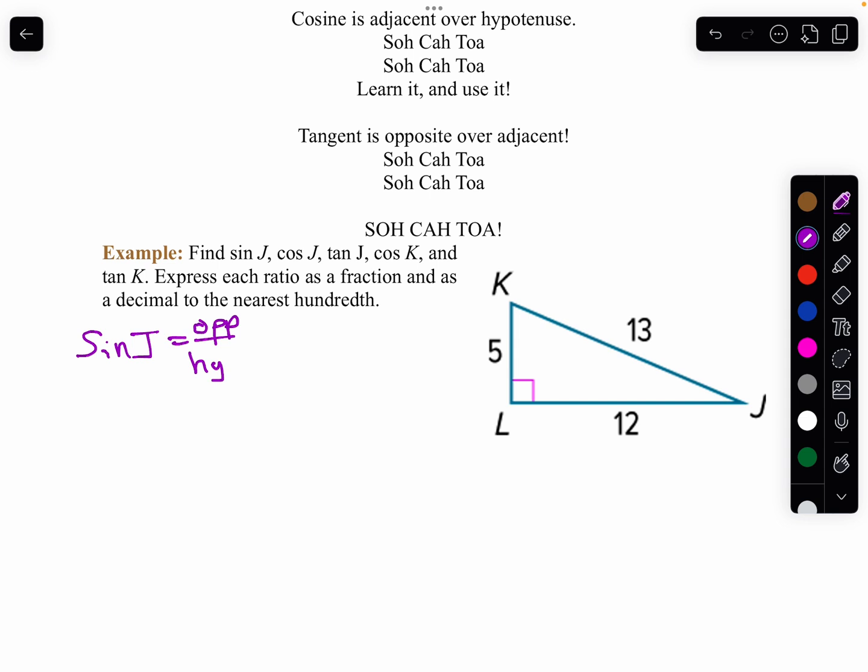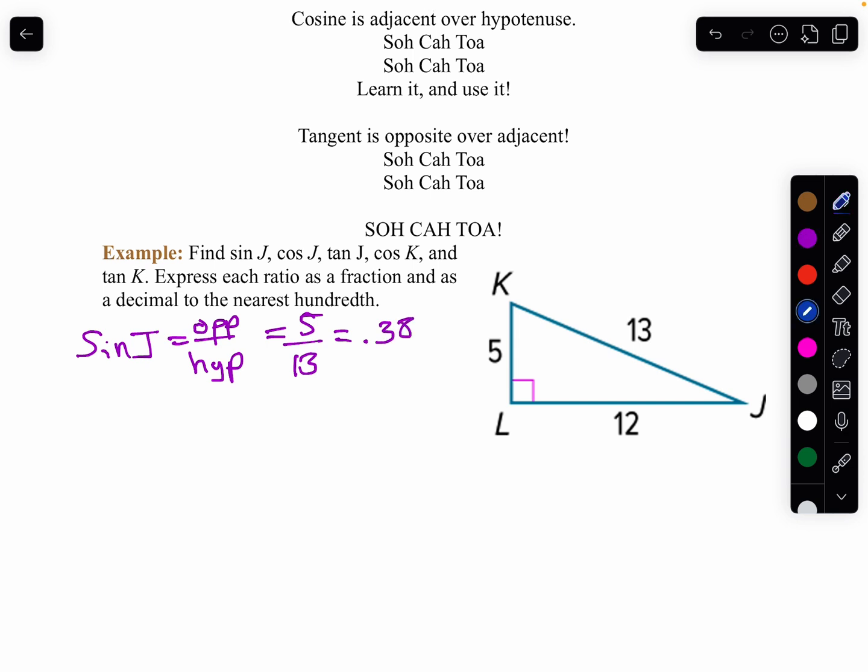But we're looking at J. So when I look at J, I got to figure out, hey, what's the opposite of J? Well, that's 5. And my hypotenuse is always 13. So that's 5 divided by 13. If I take 5 divided by 13 as a decimal, I get 0.38.